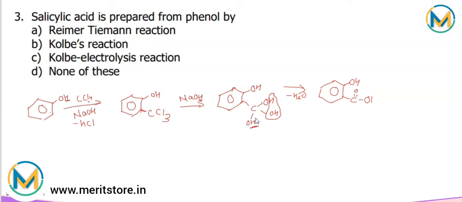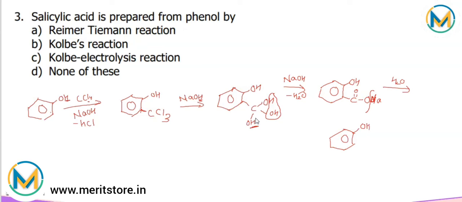But this hydrolysis takes place in the presence of NaOH, so we don't get this as a product, we get the sodium salt first, and then we are supposed to do the hydrolysis in the last step, acid hydrolysis, so that this Na+ is replaced by H+, and you're going to get the salicylic acid.